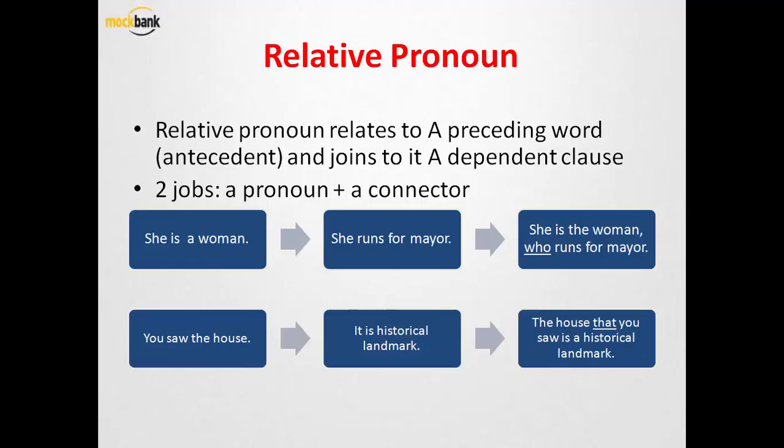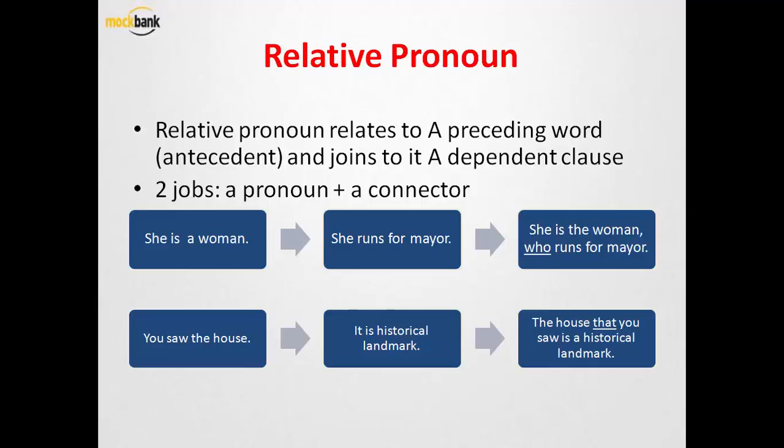A relative pronoun is an important kind of pronoun. A relative pronoun relates to a preceding word, the antecedent. We remember what an antecedent is, and it joins it to a dependent clause. Let's see this example. There are 2 statements. One is she is a woman. The other sentence is she runs for mayor.